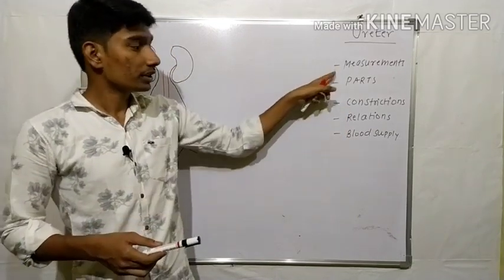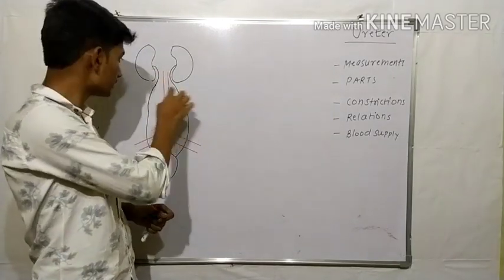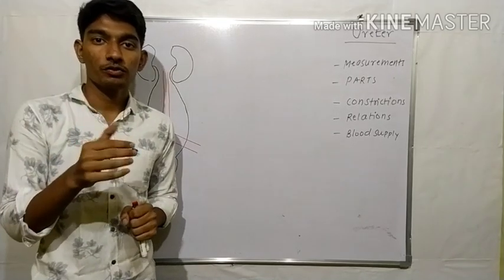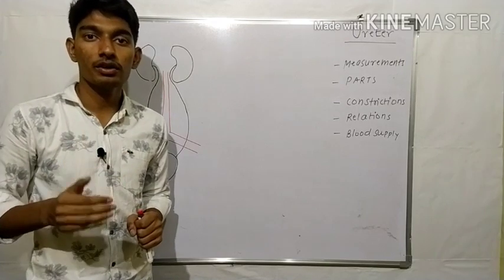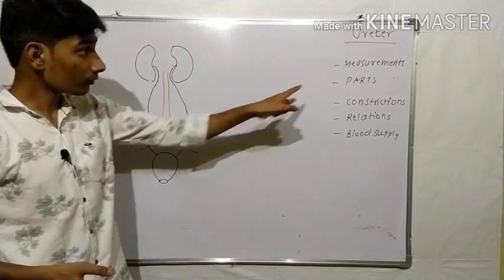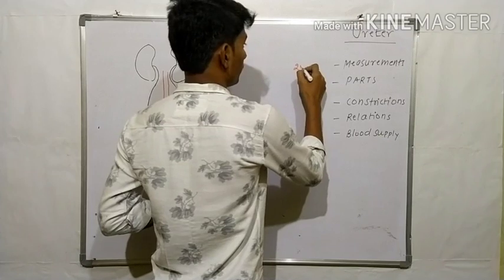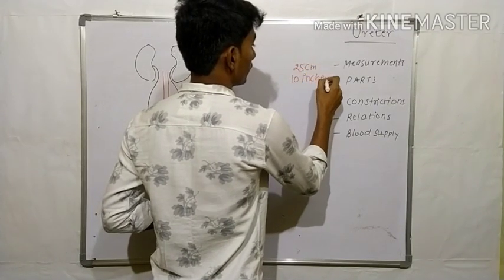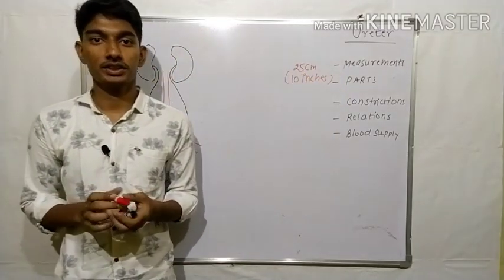Now, this ureter, as we know, is a tube-like structure that carries urine from kidneys to the urinary bladder via peristaltic contractions of smooth muscle. And measurement, this ureter is 25 centimeter or 10 inches in length.